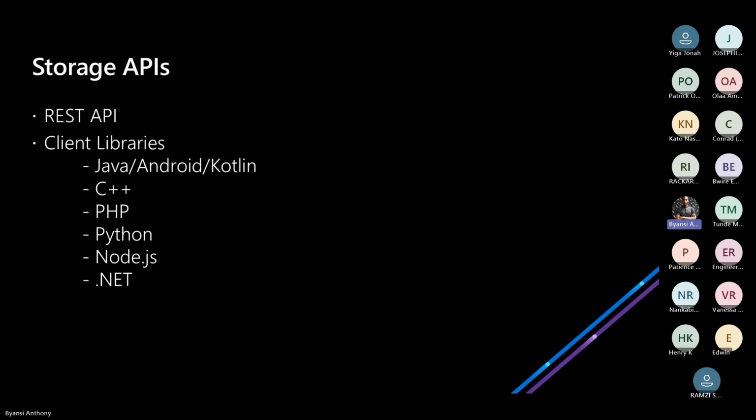We also have the client libraries, some being in C++, JavaScript, Python, Node.js, Ruby, any kind of language that you're developing your application with. I'll be providing the links to these client libraries as well, so that you may explore fully.